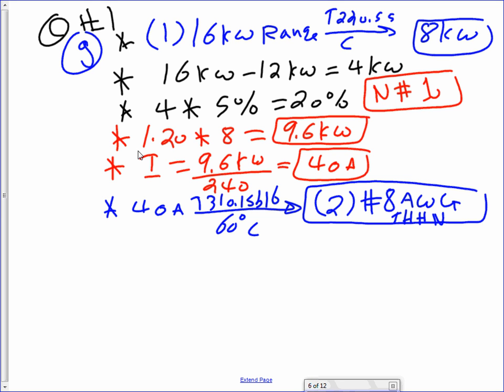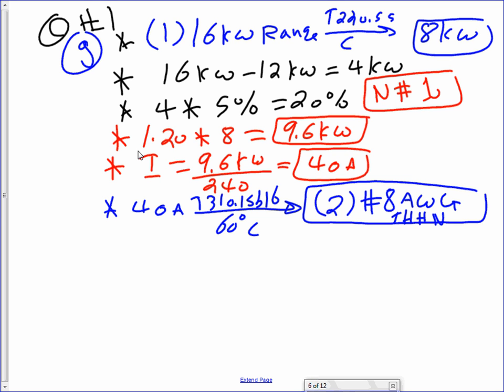Okay. Now I told you we don't derate the neutral. And again, guys, get used to the code. There's the rule and there's an exception to the rule. Here's what the exception is. We don't derate the neutral, except if your range is more than 8 3/4 kW, then you are allowed to derate it.